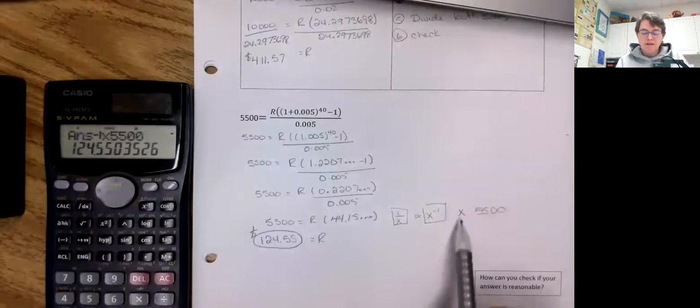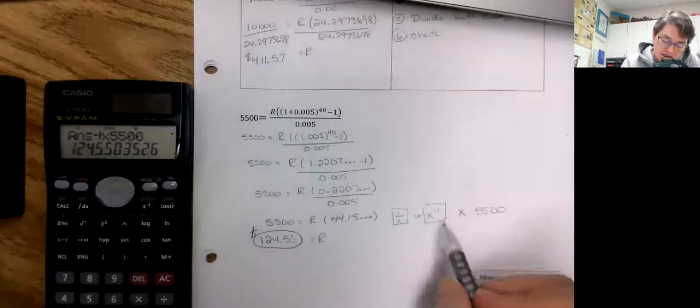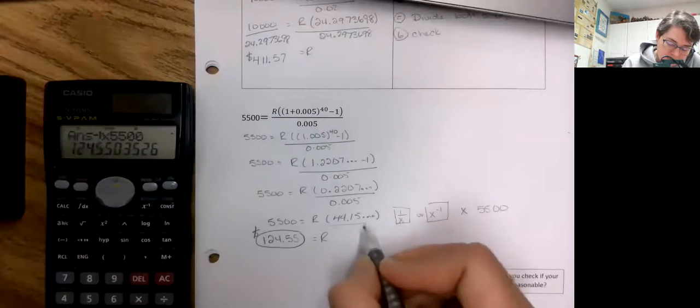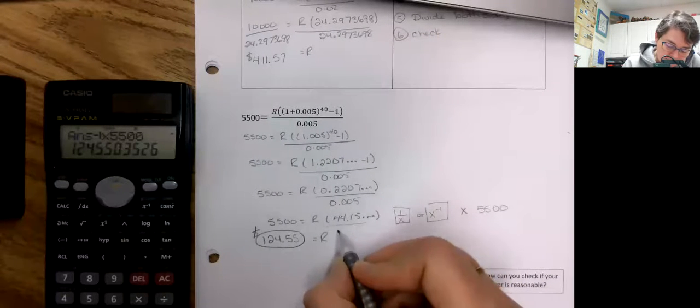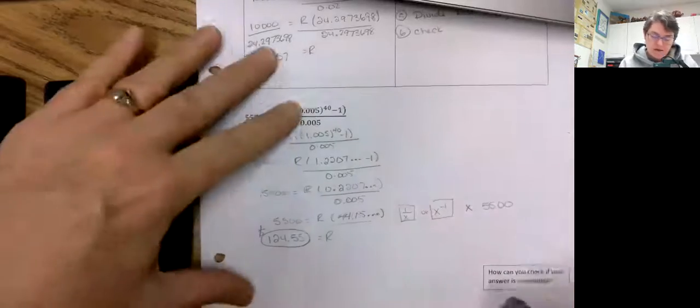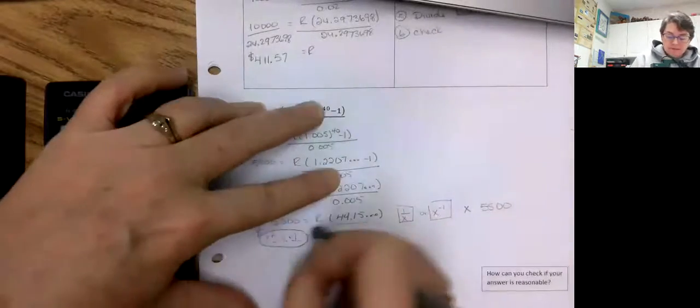Remember that what that key does is it takes this number and makes it into a reciprocal. I'm going to show you that properly this time.